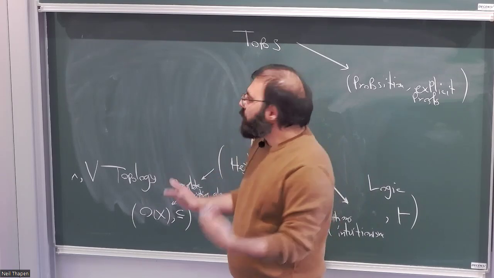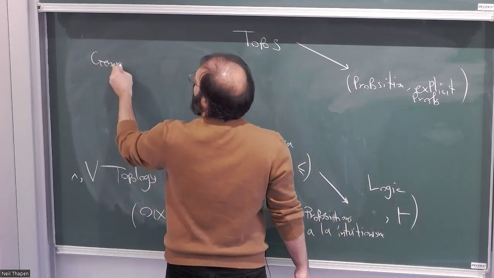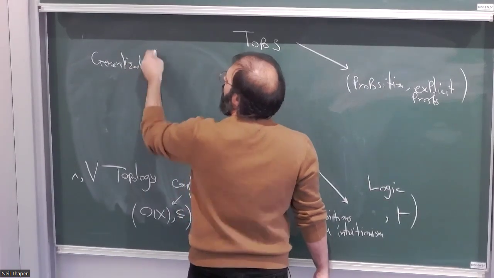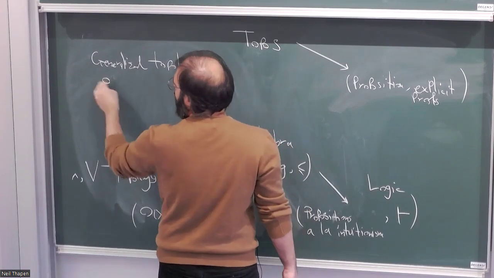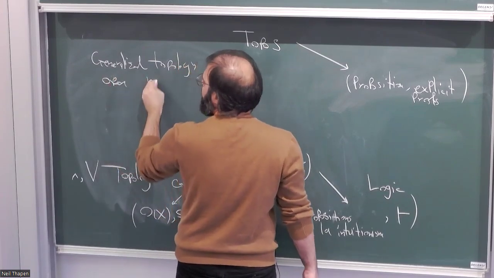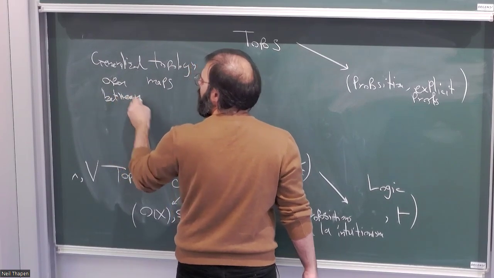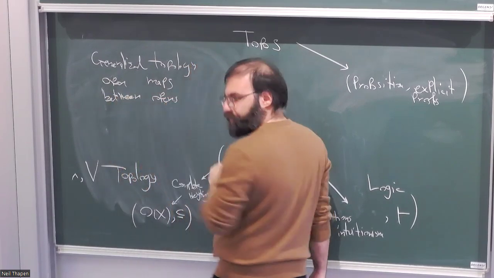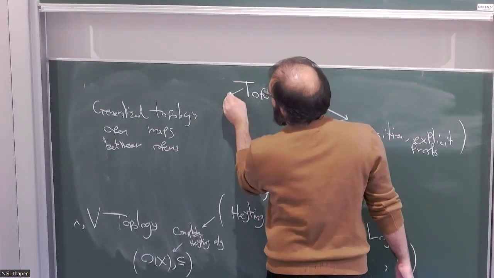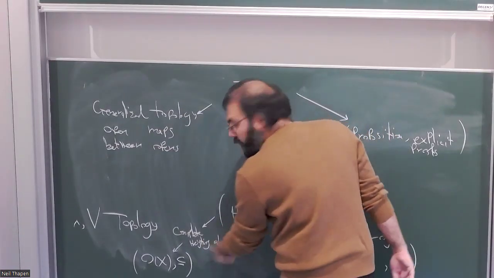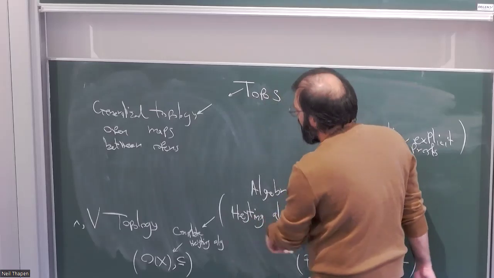So say that I need some generalized topology here, where you have opens and maps between opens, right? Not just inclusion. So there is also something in between, like complete Heyting algebras.